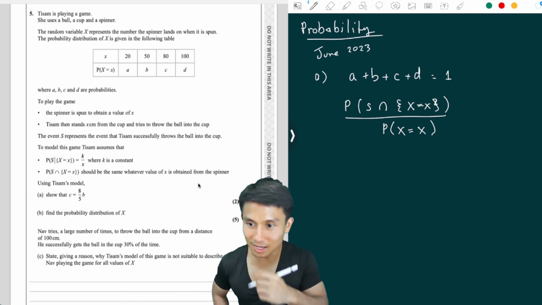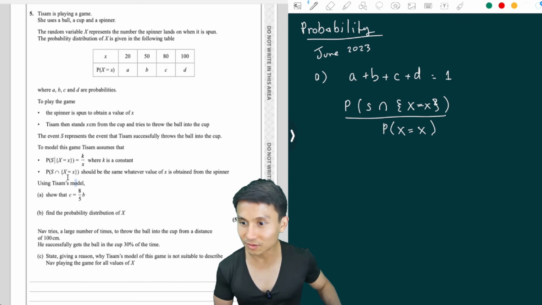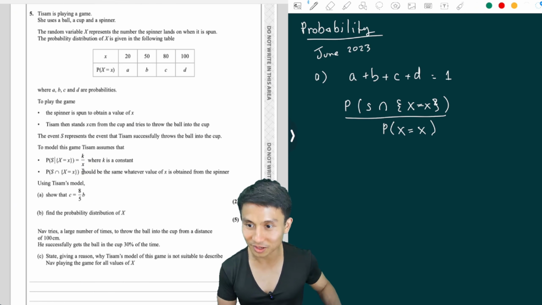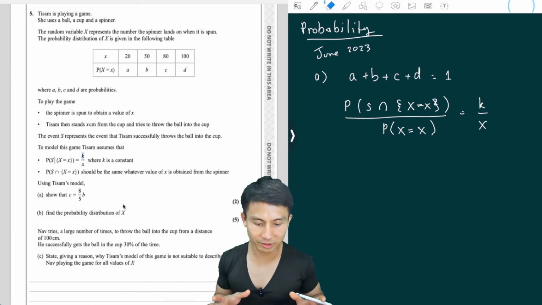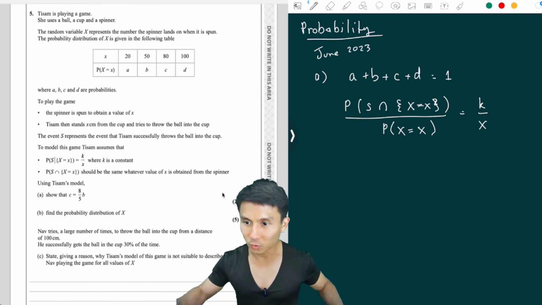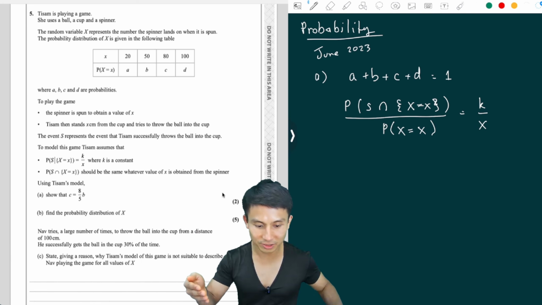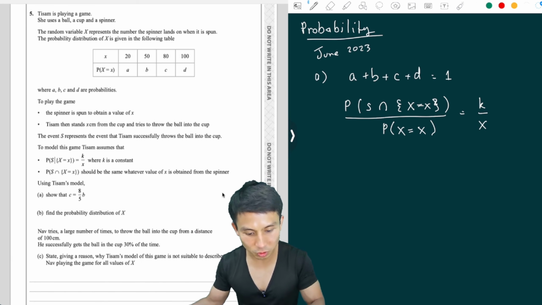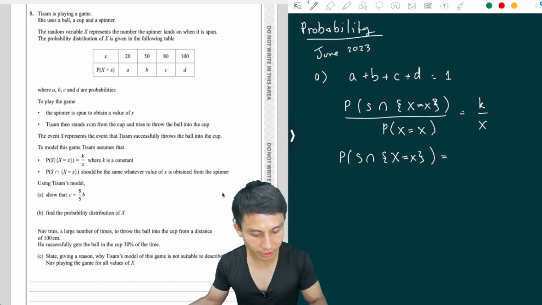And then we get another one, P of S intersect. If we consider this equation with the next line of information, and make this the subject, we get k over x times P(X = x).